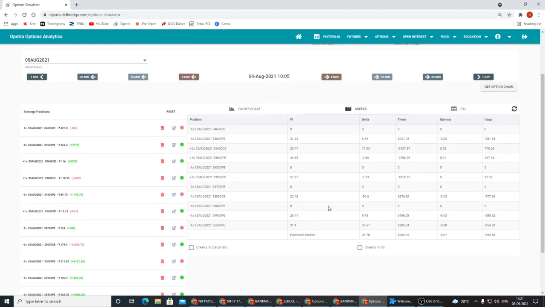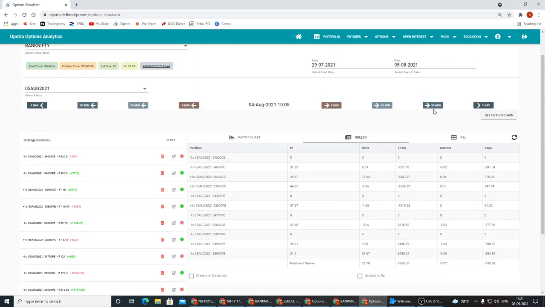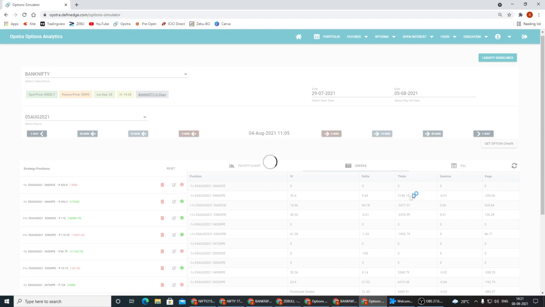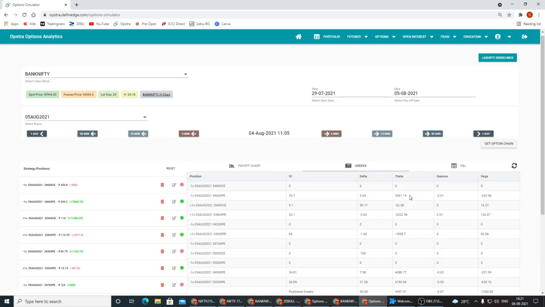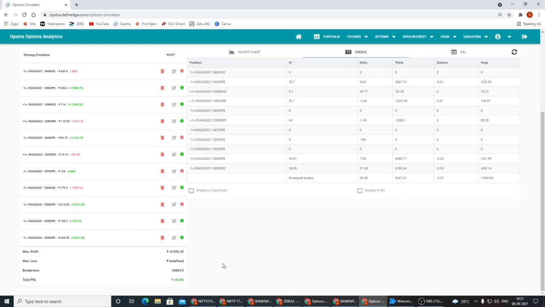We are not going to do any adjustments because on the upper side we are safe. Okay, 35,800. Market is moving still further. So 8,000 rupees profit. 35,900.